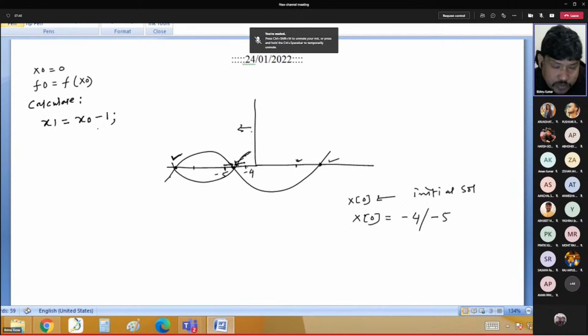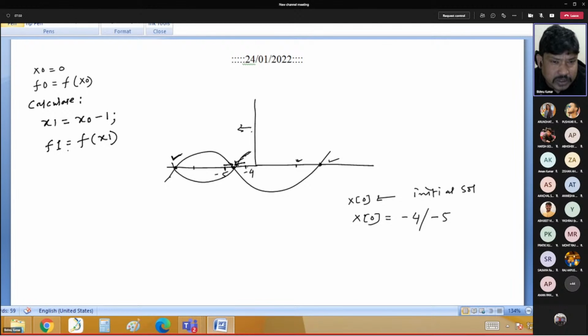You are searching the points from the origin to the left-hand side. Then you will calculate f1, the functional value at x1. What is the value you will get? That is f1.